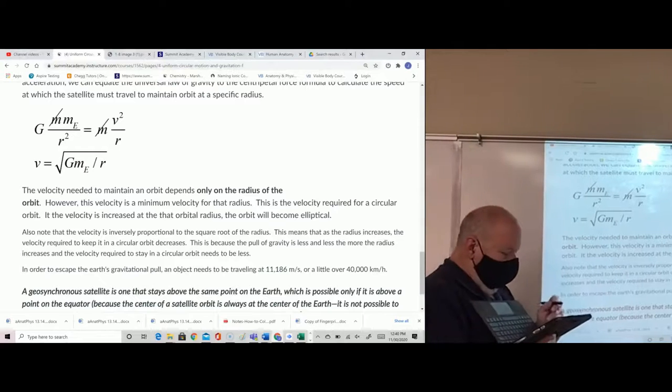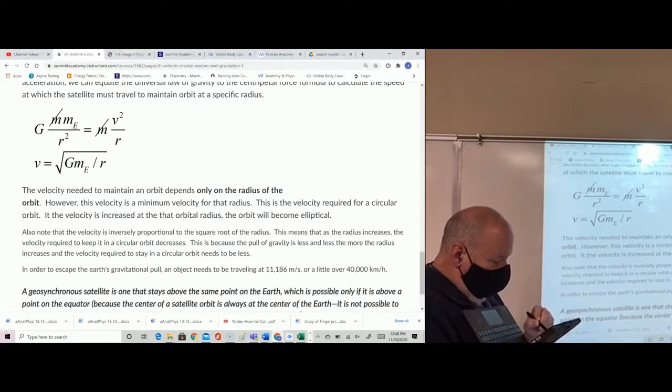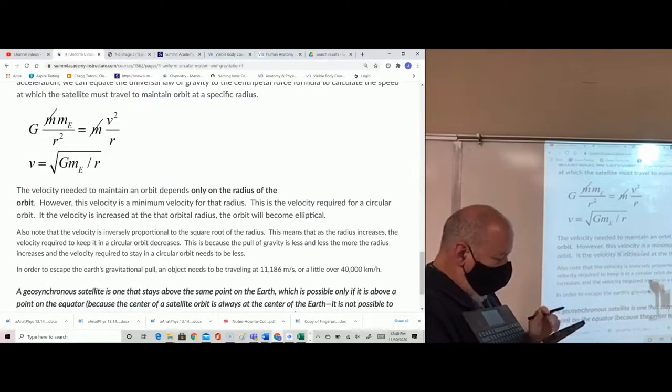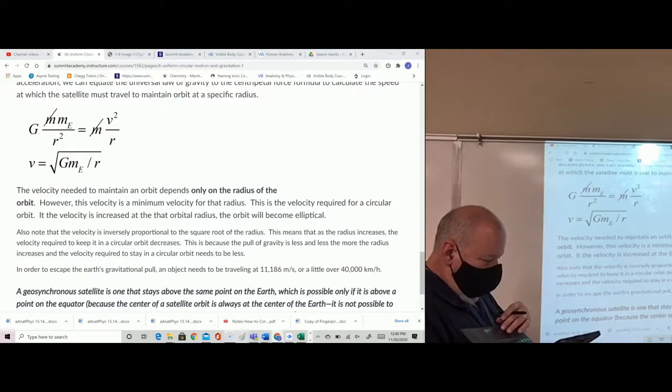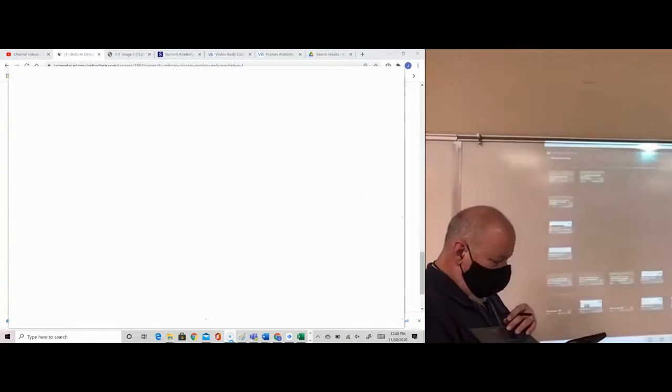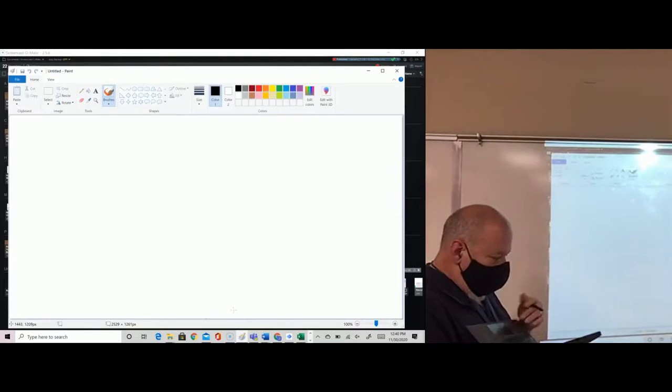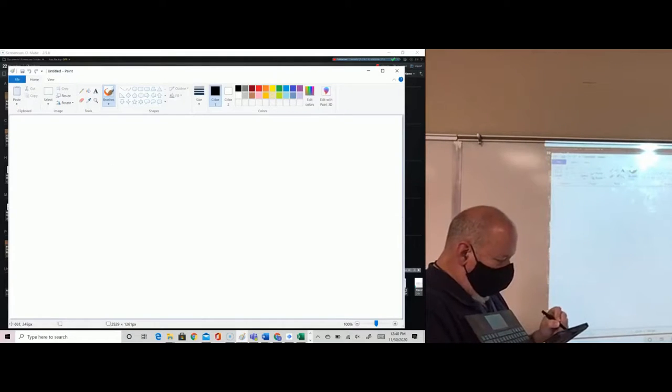So if I have a satellite, here's the Earth.